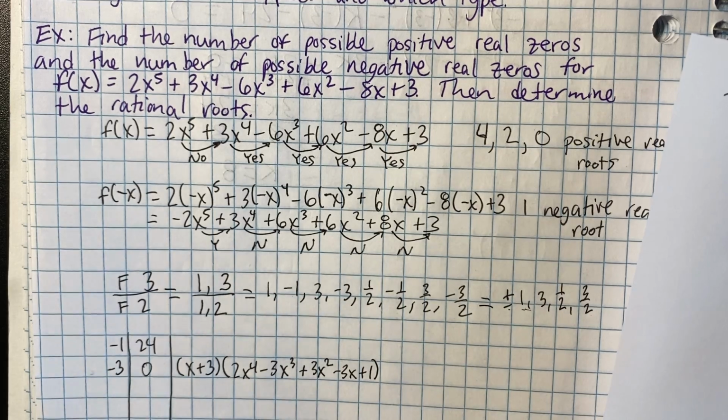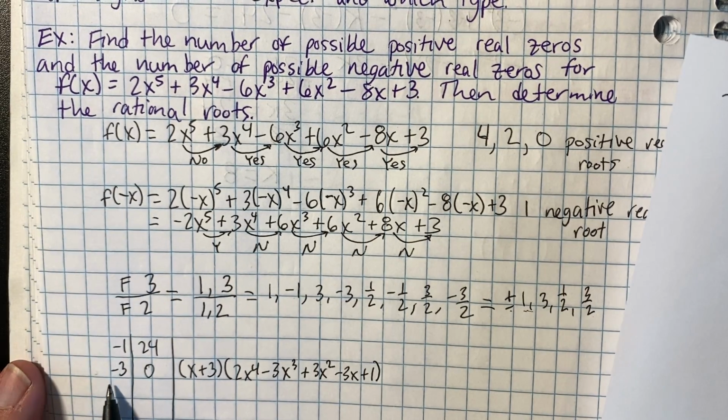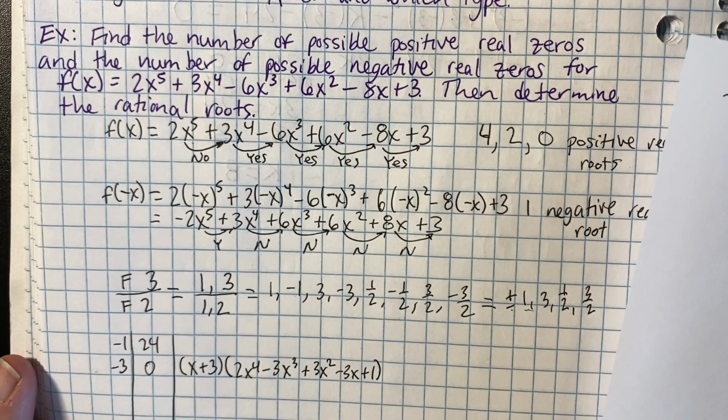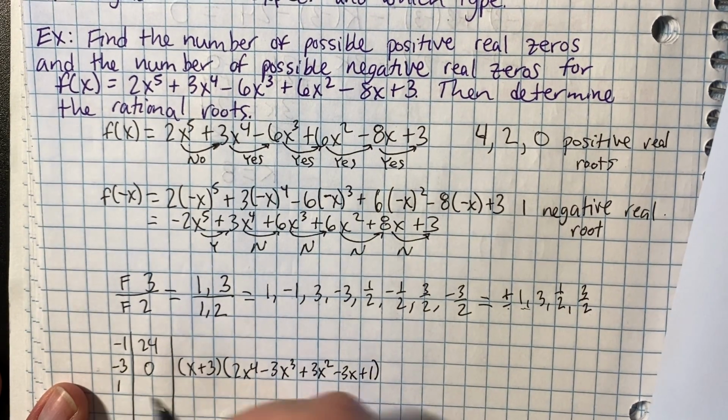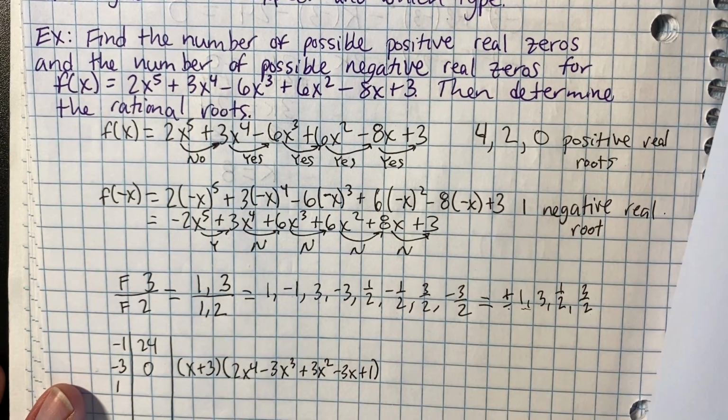Okay, so that's our one negative, so we don't have any more negative possibilities. So now we just need to try out some positive. So I'm going to start out with a +1, since that'll be easy.